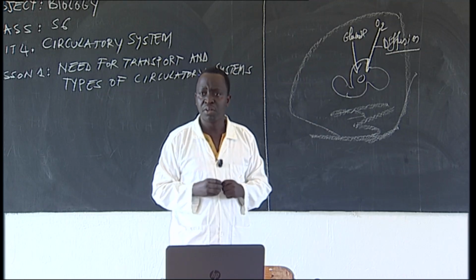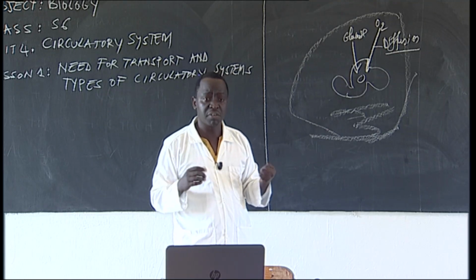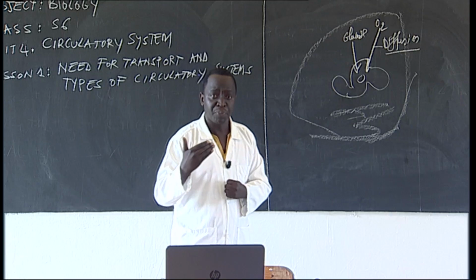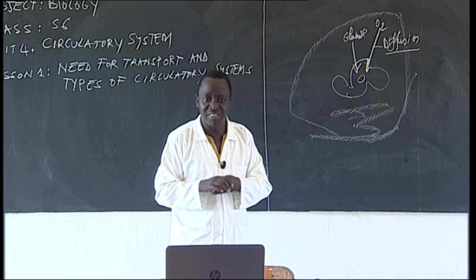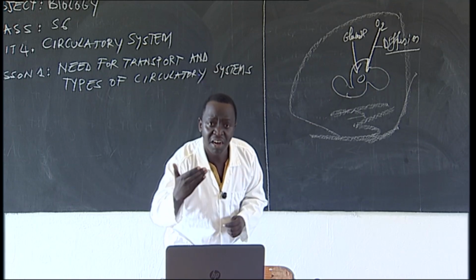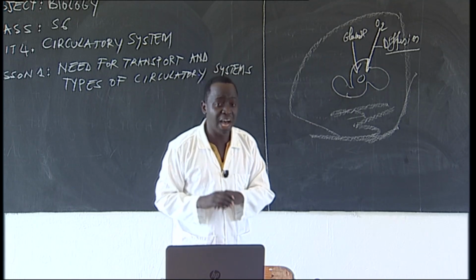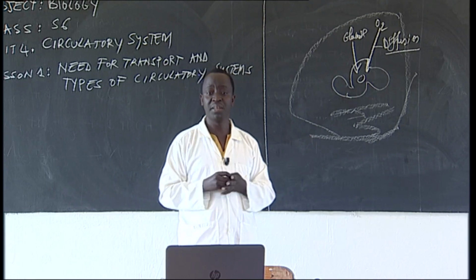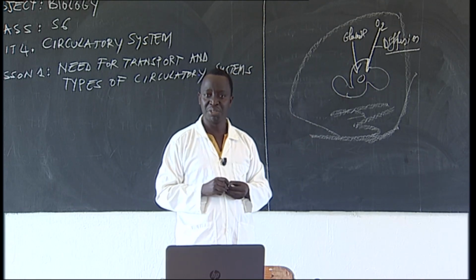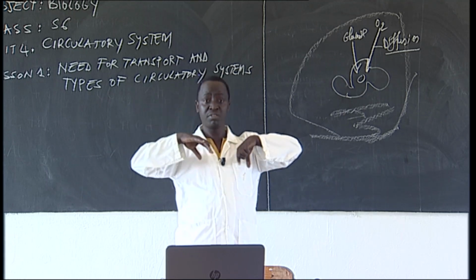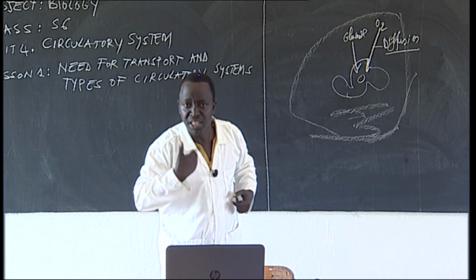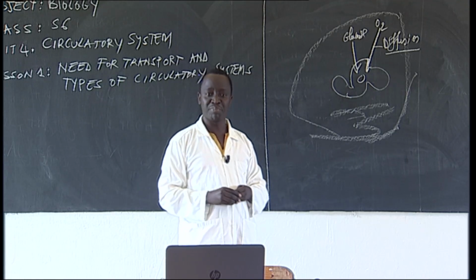So their body surface area compared to the volume is very small, as I have said, and their body cells are located far from the environment. So that's why material cannot come from the environment and get into the body. It can't. Then we need a transport system.